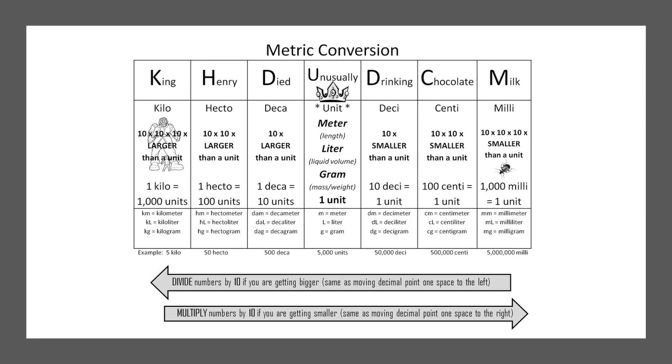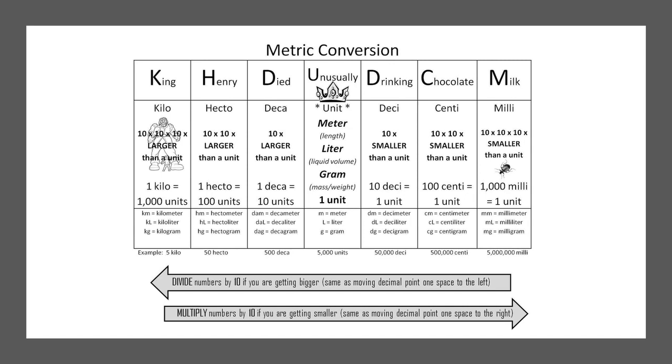So if you look to the right and to the left, you'll see that all the way to the left, for example, 1 kilo is 1,000 units. So a kilometer is 1,000 meters. A hectometer, people don't usually say hectometer, but hectometer anyway, that would be 100 meters. Or for example, a decaliter is 10 liters.